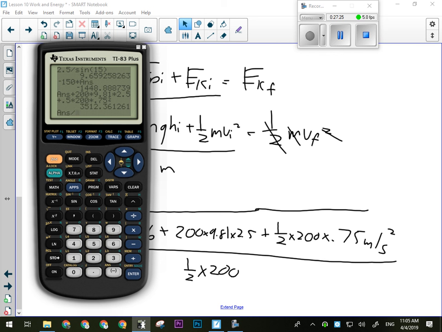Divide that by 100, which is 1/2 of 200, and then square root. So at the bottom of the ramp, the box will be moving at 5.9 meters per second.